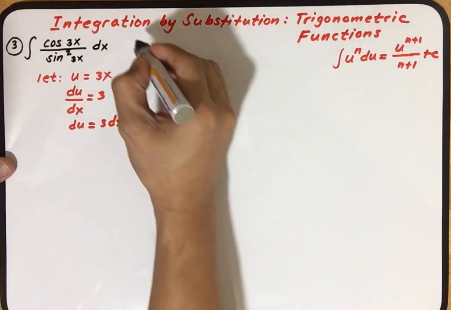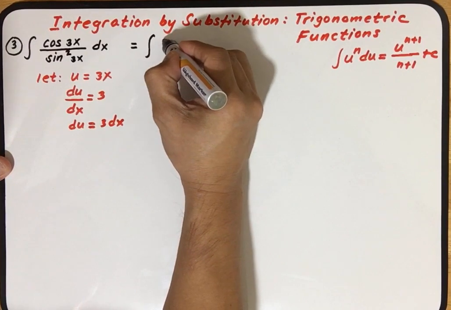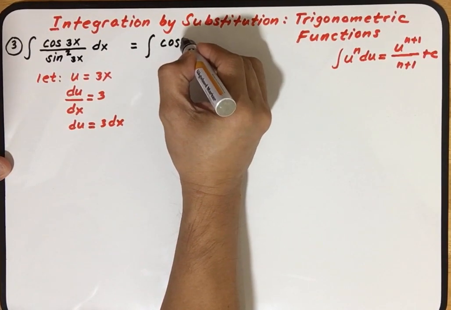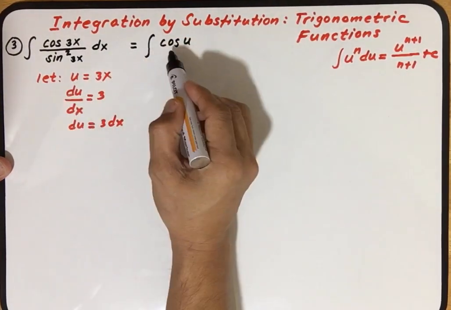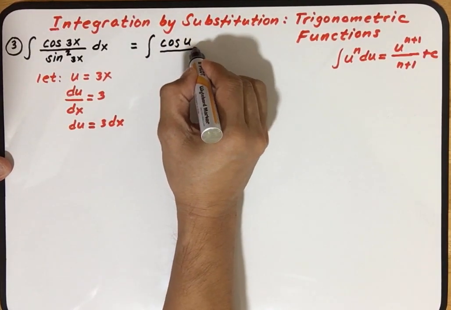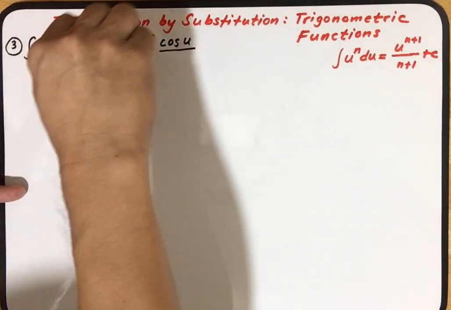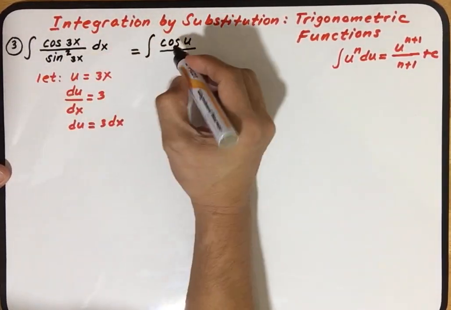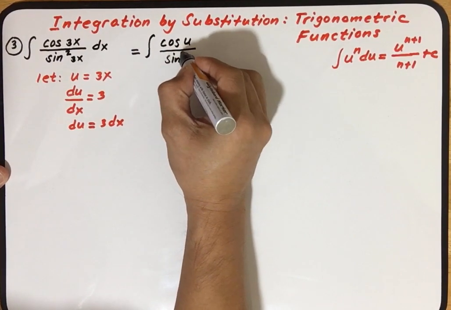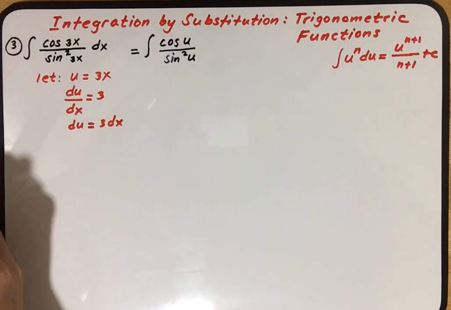Since we let u equal to 3x, our integral now becomes the integral of cosine u, because we let 3x equal to u, divided by sine squared u. Okay, is it clear?